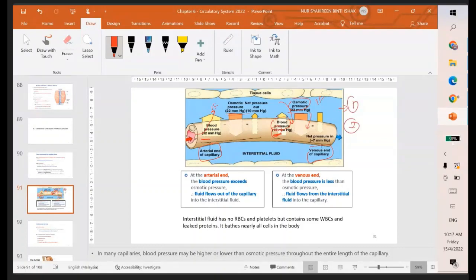The second mechanism of returning the excess fluid in the tissue fluid is through the lymphatic system. So this interstitial fluid that enters into the lymphatic capillaries, kita tak panggil dia sebagai interstitial fluid dah, kita panggil dia sebagai lymph. And this lymph will flow in the lymphatic capillaries, in the lymphatic vessels, and then return back to your blood circulation dekat shoulder area.